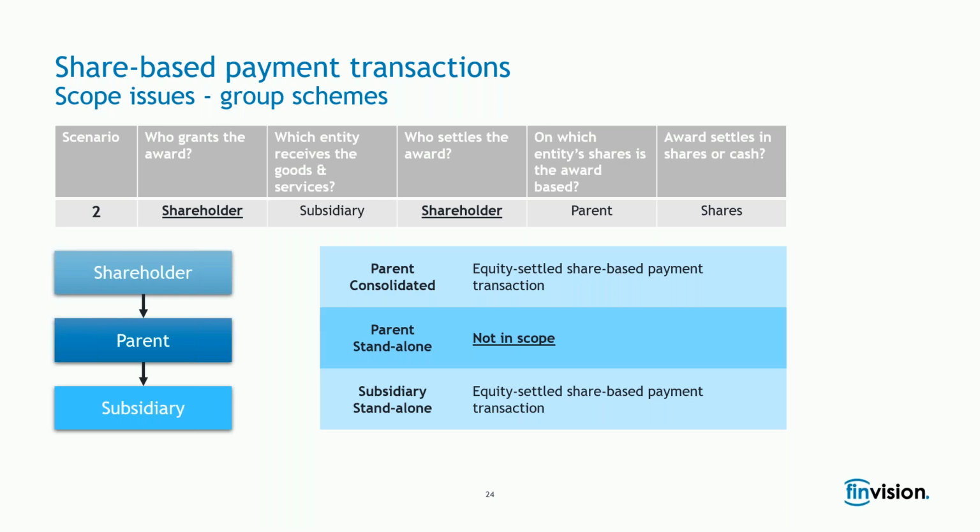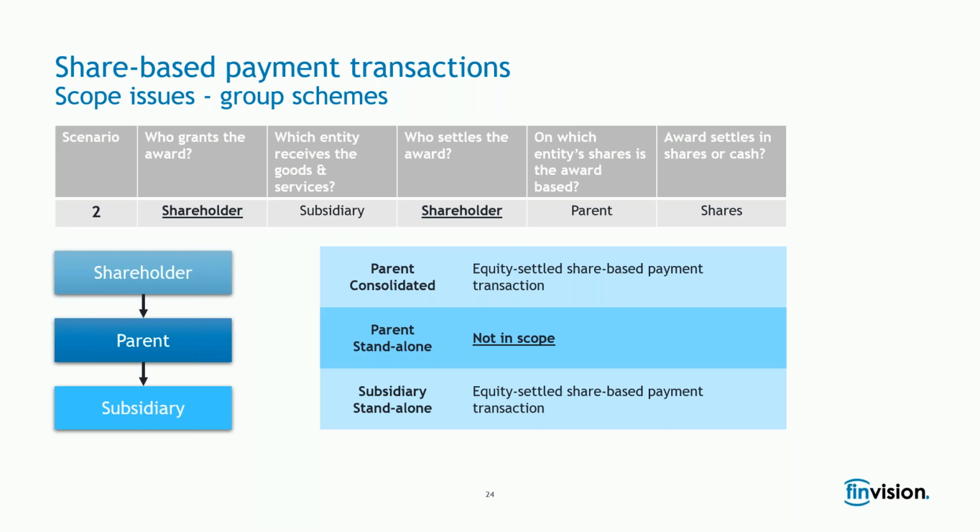And the subsidiary, they do receive a number of services. Even if those services are paid for and granted by a shareholder, let's say, the subsidiary still has an equity settled share-based payment transaction because they are receiving the goods and services, and they will be measured based on this standard.